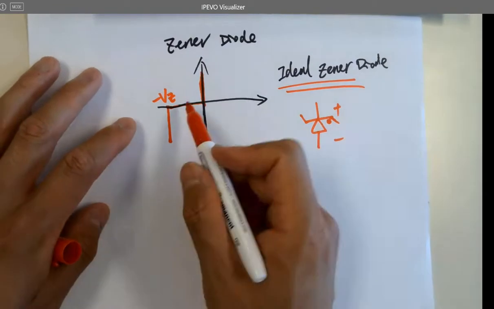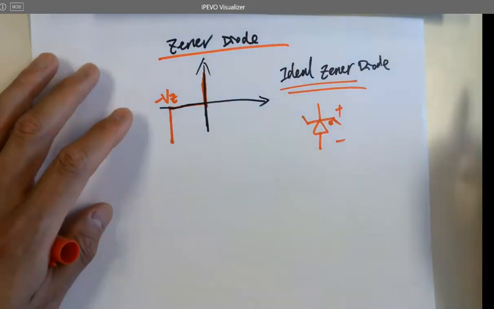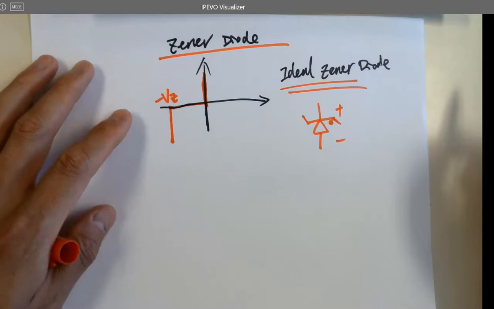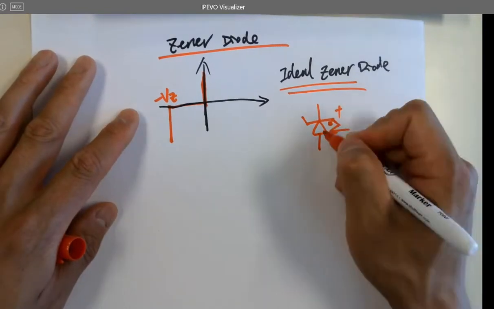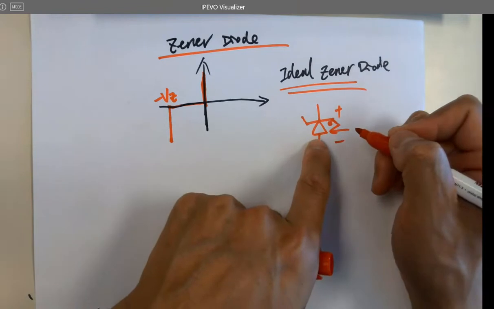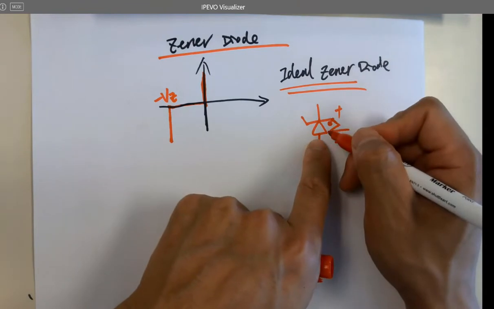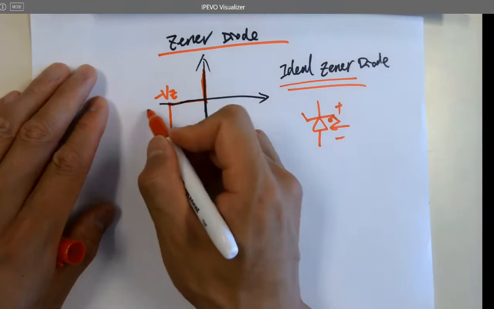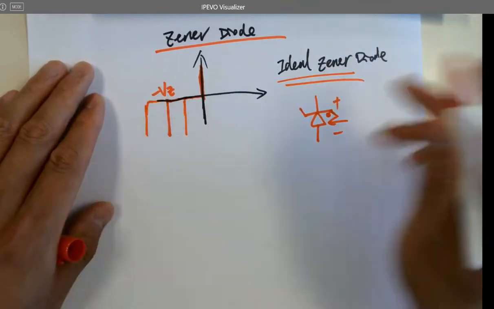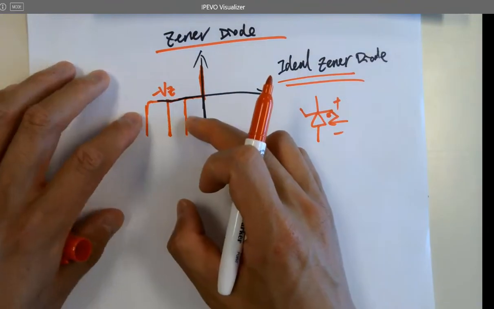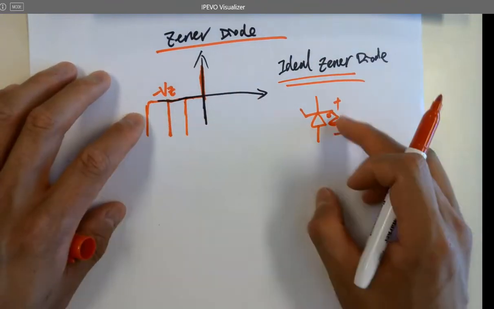And why do we use a Zener diode? Where do we use it? When the foundry fabricates the Zener diode, they put a different concentration of dopants in there to make a different VZ, right? It can be here, it can be here. So this is adjustable, depending on how you make it.